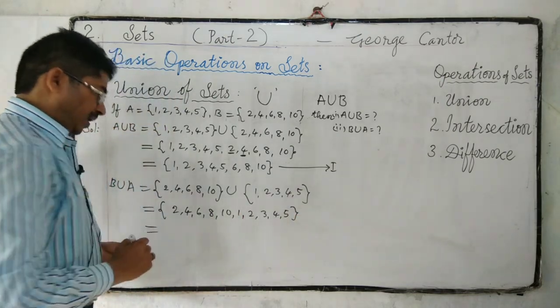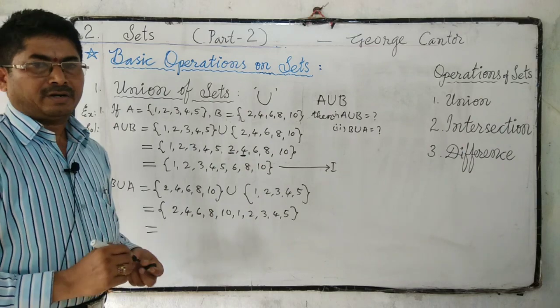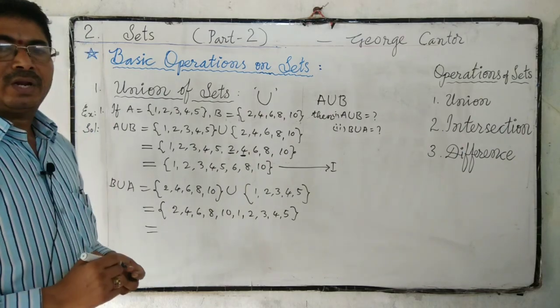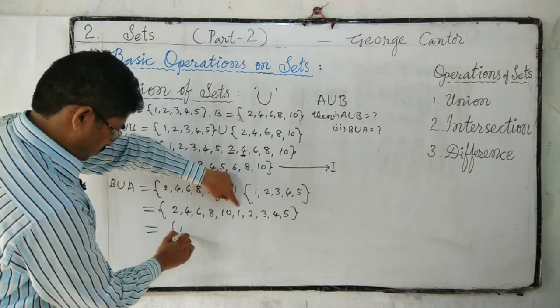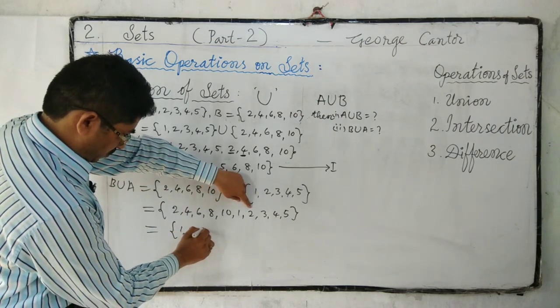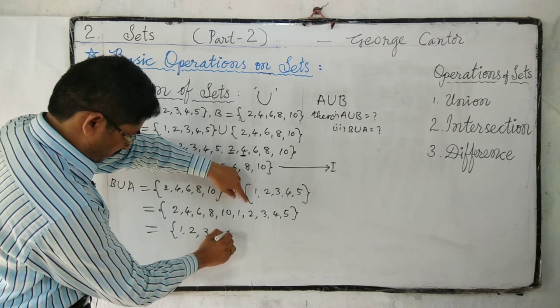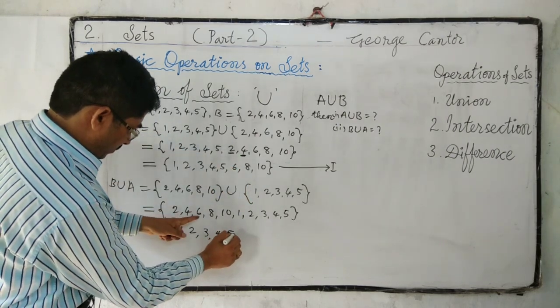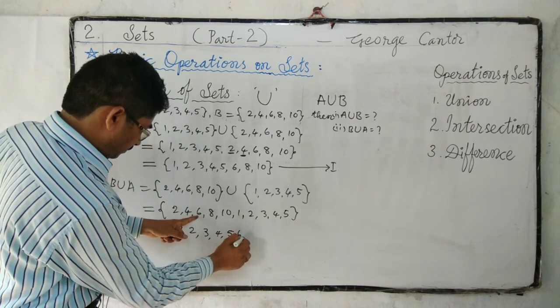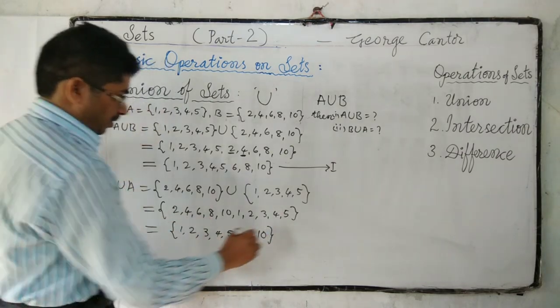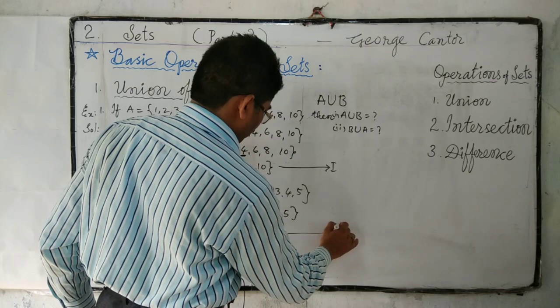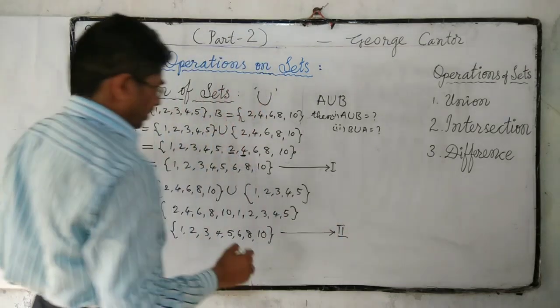Now we have to write these elements in order without repeating. So 1, 2, 3, 4, 5, 6, 8, 10. This is B union A.